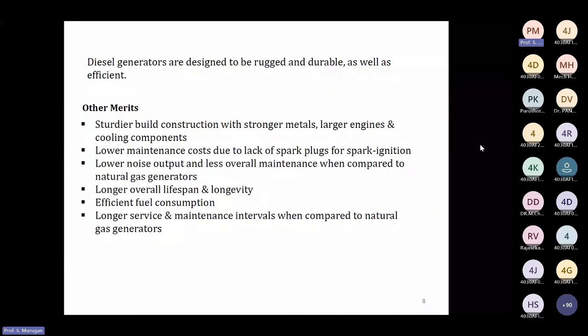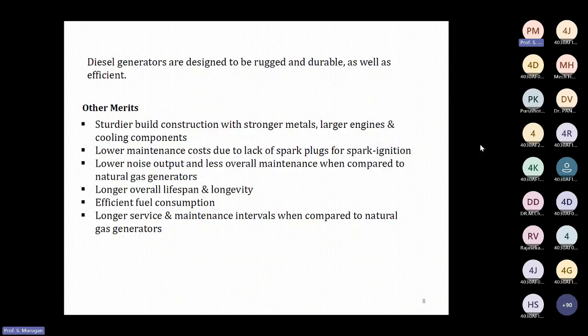By the way, nowadays you can see everywhere in multiplexes, hospitals, large residential areas, in fact, commercial buildings, everywhere, these diesel generators which are used as standby power generation units.